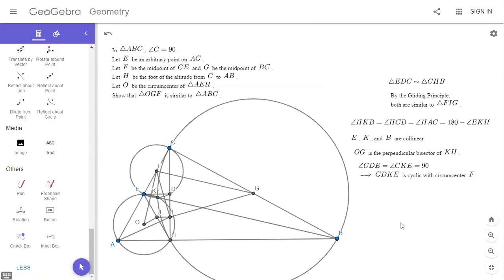Yeah, we do know that. So I'm getting so confused here.